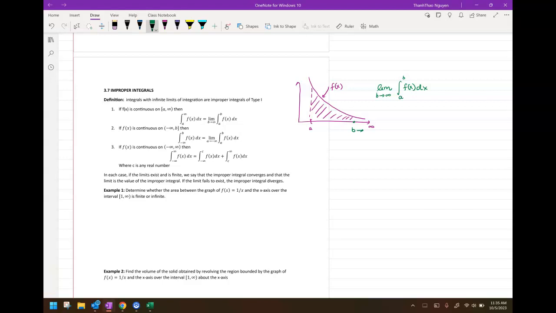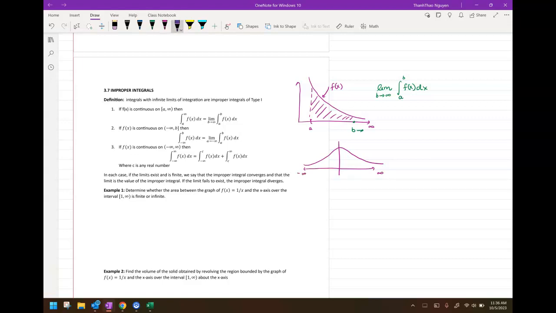Now say f of x is continuous on the interval negative infinity to infinity, and your graph looks like this. So it continues from negative infinity to infinity.